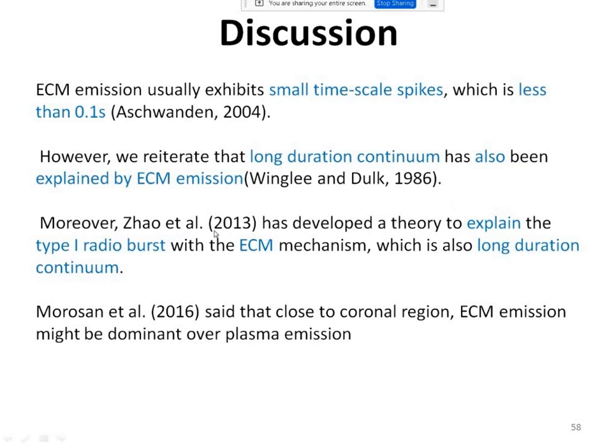Moreover, this reference has developed a theory to explain the type 1 radio burst with ECM emission. Type 1, as you know, is also a long duration continuum, which is very similar to the stationary type 4 radio burst. And then Mora-san said that close to the coronal region, ECM emission might be dominant over plasma emission.